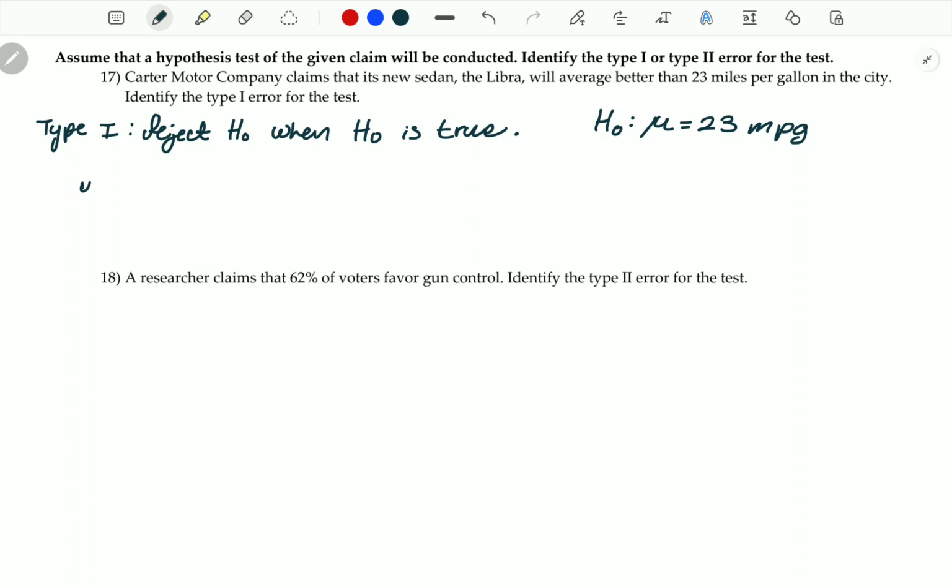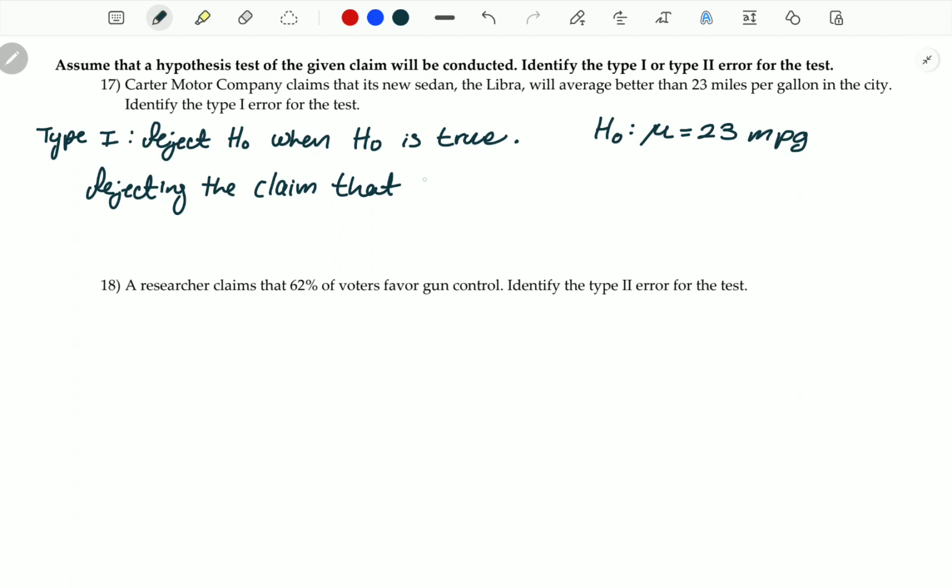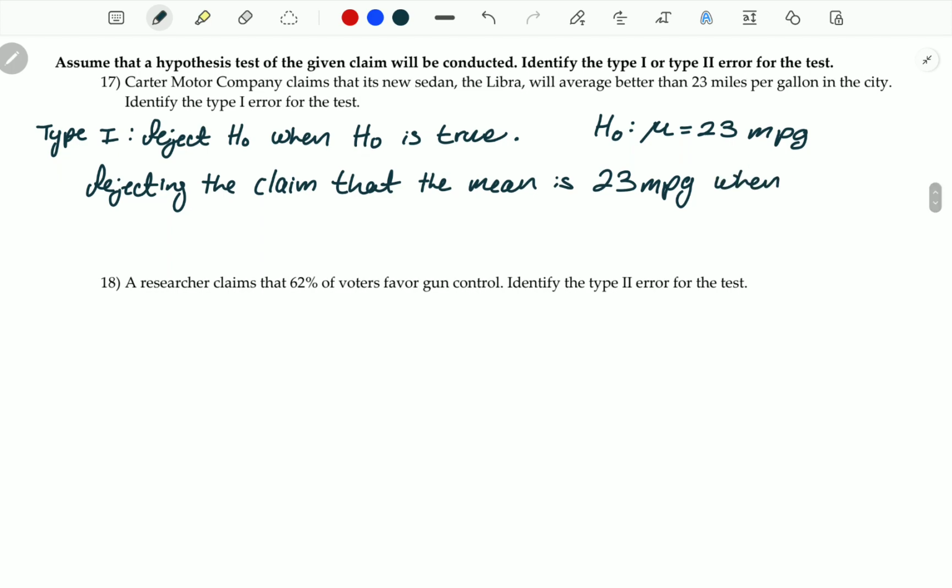It is going to be rejecting the claim that the mean is 23 miles per gallon when it really is 23 miles per gallon.